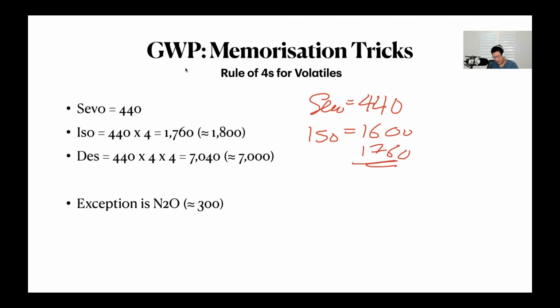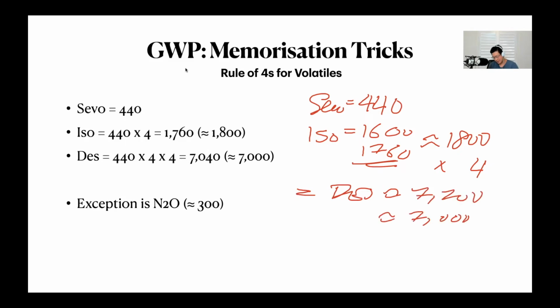Okay, and that's approximately 1800. And then again with Des, you multiply that by another 4. So you multiply 1800 by 4 again, and what you get for Des is approximately 7,200, but you can write it down as approximately 7,000. That's pretty close to the 6,800 number that was published in Anderson.